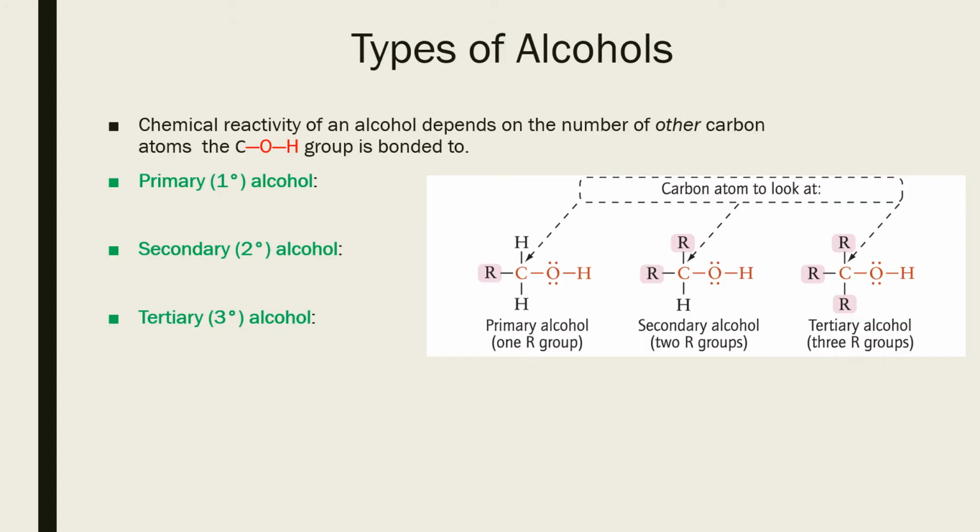The chemical reactivity of an alcohol depends on the number of other carbon atoms connected to the one which is linked to the OH group. For example, in case of an alcohol where the carbon atom which is connected to the OH group, as highlighted in yellow color, is linked to only one more carbon atom.